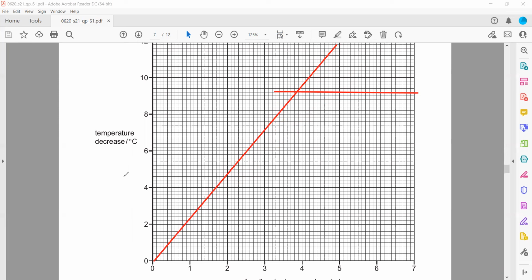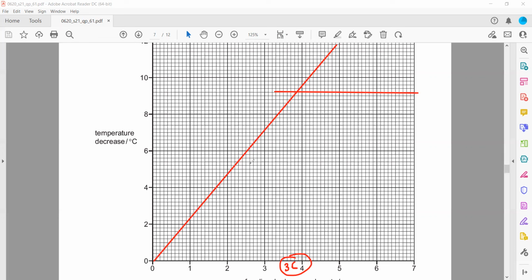But now in the question, they're saying we reduce the concentration of acid, we make it half concentration. So if we reduce the concentration of acid, what will happen? Like here, if 3.6 grams of sodium hydrogen carbonate was reacting, and the amount of acid is half, then the amount of sodium hydrogen carbonate needed to react will also decrease. So half the concentration means half amount is needed. So half of 3.6, that is about 1.8.